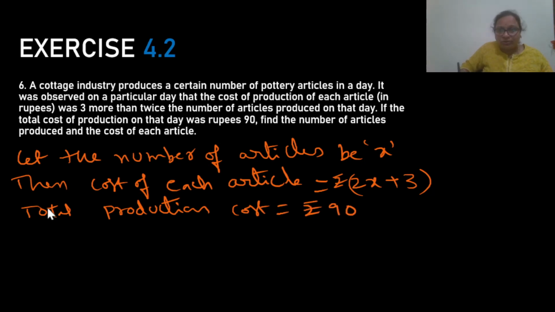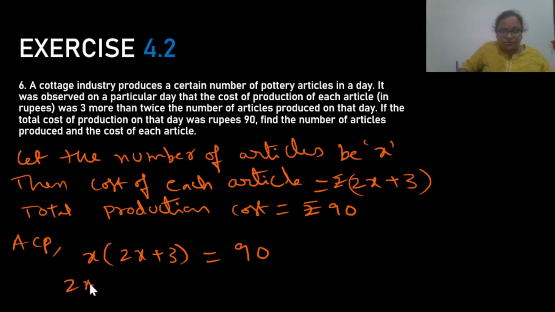How will you get total production cost? Number of articles into cost of each article will give you total production cost. So according to the problem, number of articles into cost of each article is equal to total production cost. That is 2x square plus 3x minus 90 is equal to 0.